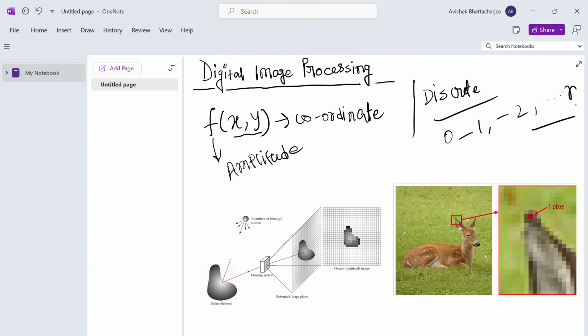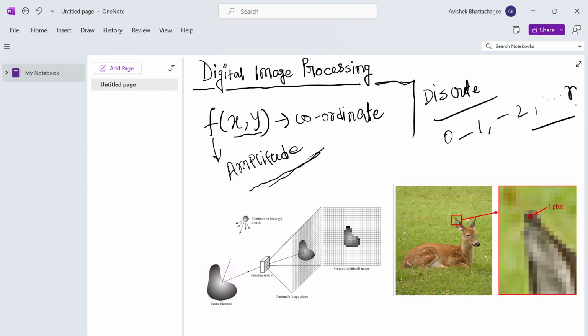The values are finite, but in the case of an analog image, we are dealing with infinite values, which is called continuous. So in the digital image we are dealing with discrete values.